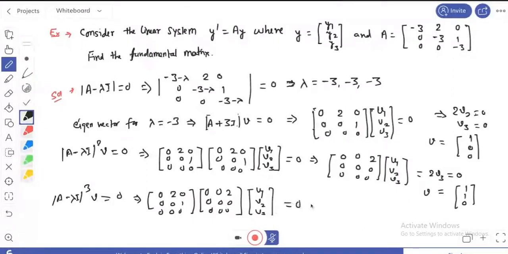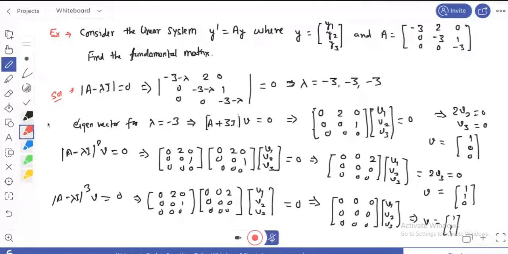So that equals 0. Multiplying this gives 0, 0, 0. So here the eigenvector is 1, 1, 1. Okay, so these are three eigenvectors and these three are eigenvalues.